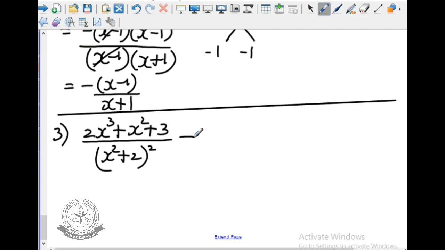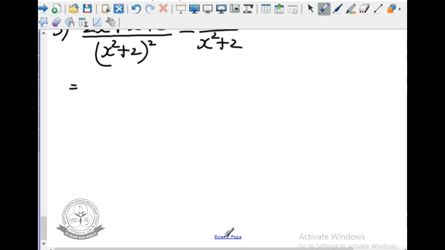The first expression, what comes after "from", we wrote; then minus 1 by x squared plus 2. Now take the LCM, the denominators are not the same. Here x squared plus 2 whole square is there, there x squared plus 2. So take x squared plus 2 whole square as the LCM. In the LCM we must take the greatest power.